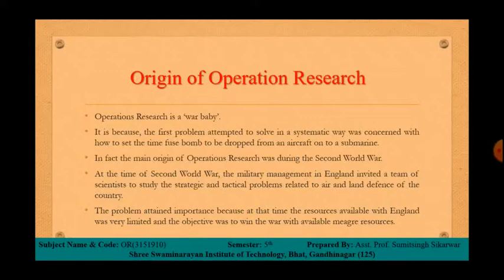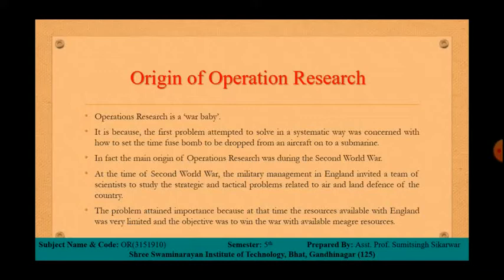A large number of operations research consultants are now available to deal with different types of problems. In India also, we have the OR Society of India, which was established in 1958 to help in solving various problems. Today, operation research techniques are taught at high school levels also.